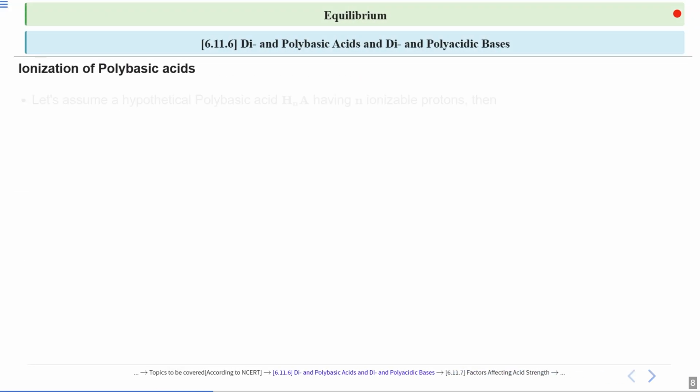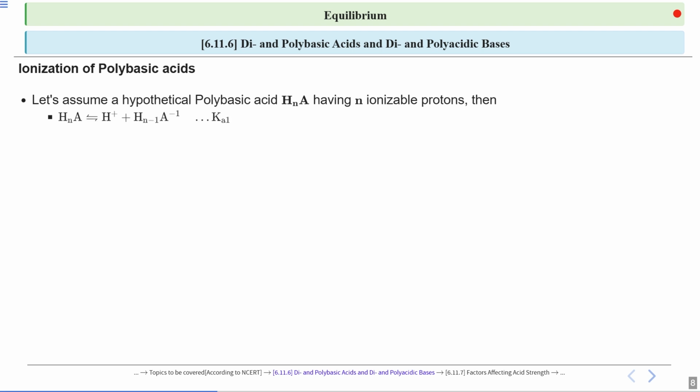For that, we will take one more example, a general one, where our polybasic acid has n number of ionizable protons and it is attached to an anion which is A. Then we can represent the first proton removal as HnA going to H+ and Hn-1A, where A has one negative charge, right?